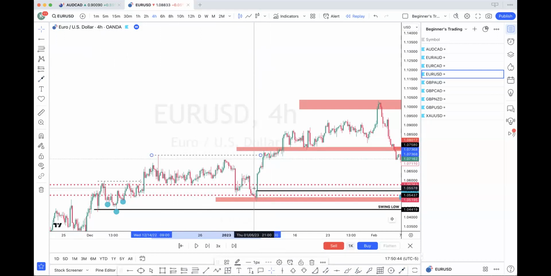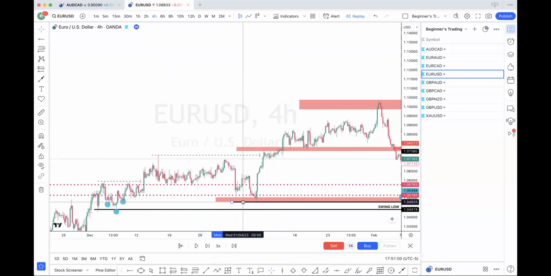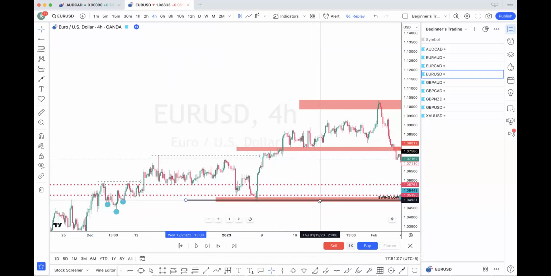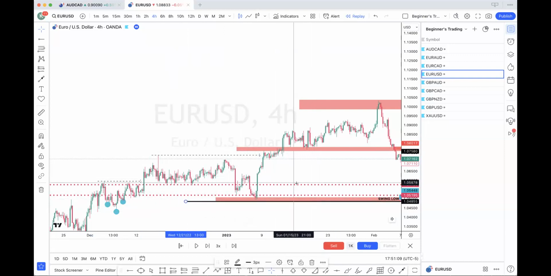And then you had an impulse move that broke this high. So now everything below this line here to the last low is now the swing low. So you have this swing, I'll just move it up. So this is now your next swing low. Okay.